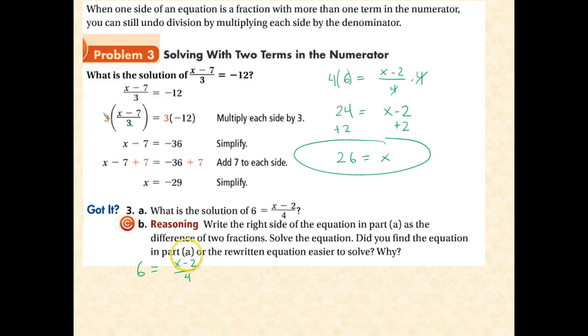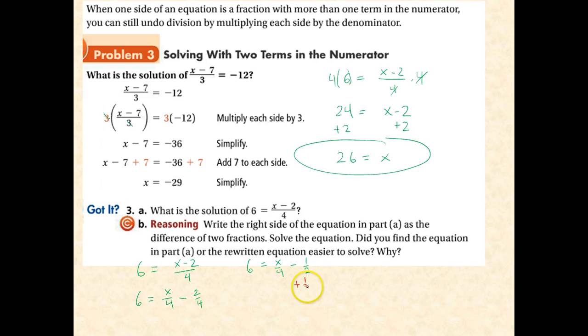Would it be easier to break this into a difference of two fractions and say 6 equals x over 4 minus 2 over 4? Because now we'll add 2 over 4 to both sides. Well, 2 over 4 is 1/2, right? So this is really 6 equals x over 4 minus 1/2.